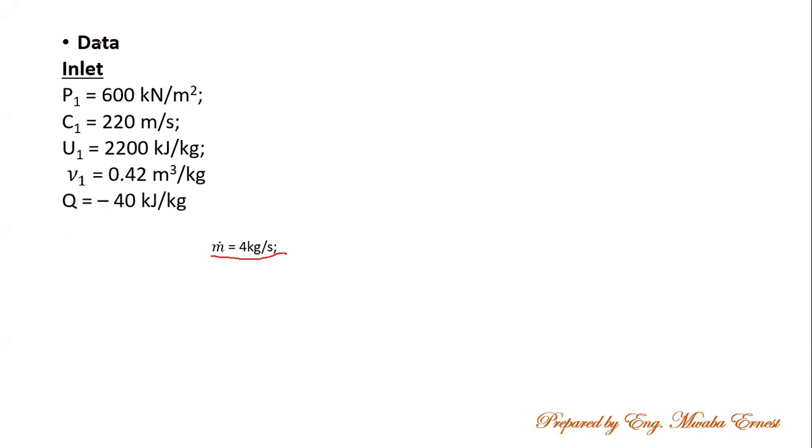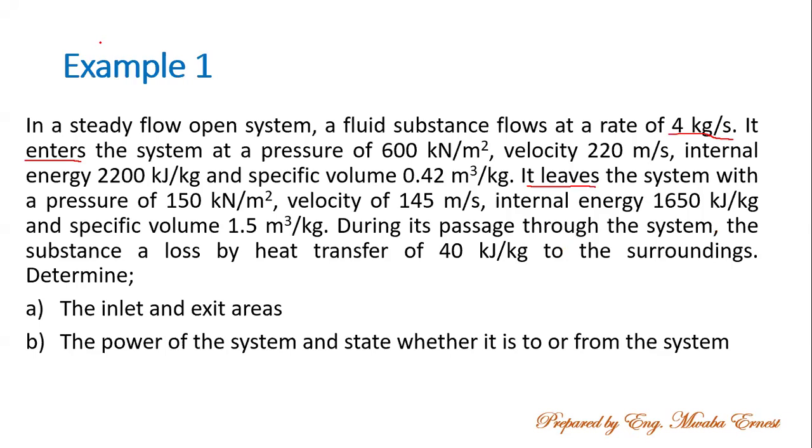We also have the heat energy. Let me quickly go back to the question. It says the substance has a loss by heat transfer of 40 kilojoules per kg to the surroundings.